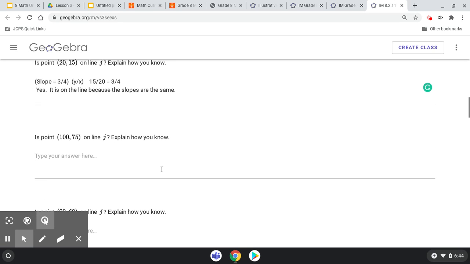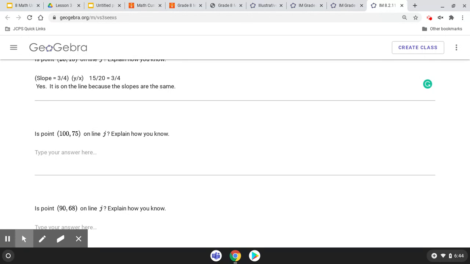Now for this next question, this is the same process, okay? Is point 100, 75 on line J? Explain how you know. Same thing, if we're using Y over X, the slope is still Y over X. So the slope that we know is 3 over 4.